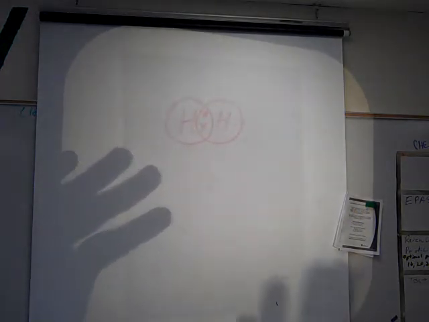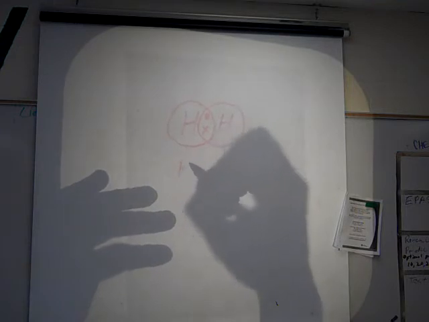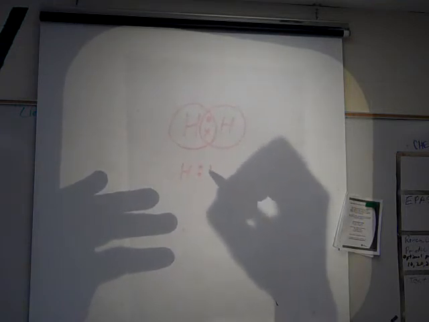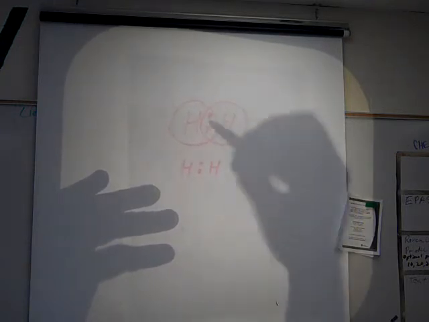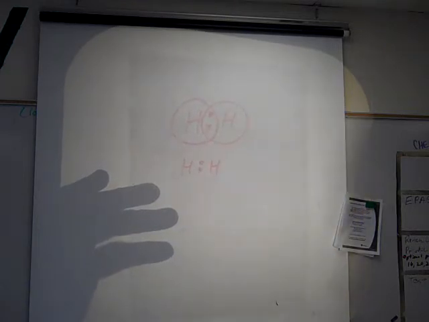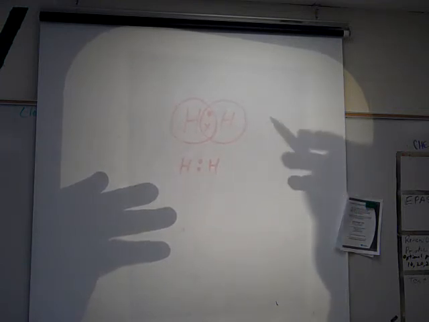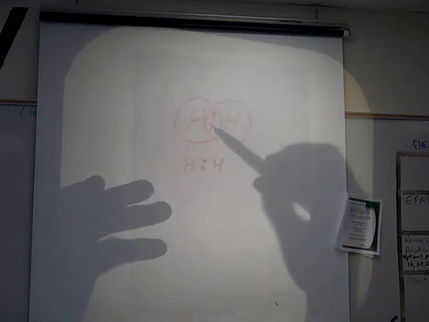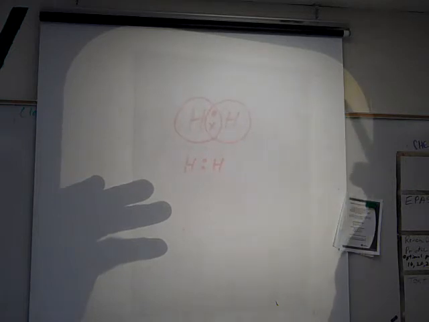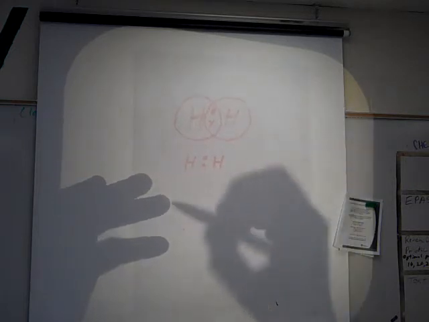Now the official IUPAC way is to just use all dots and do that. I like to use different symbols there so that you guys can see where the electrons are coming from. So that's the Lewis dot structure there, Pat. Then how many pairs do we have there? Just one.